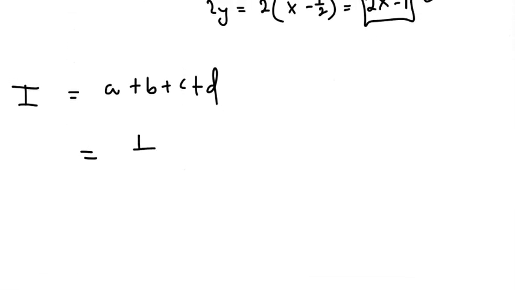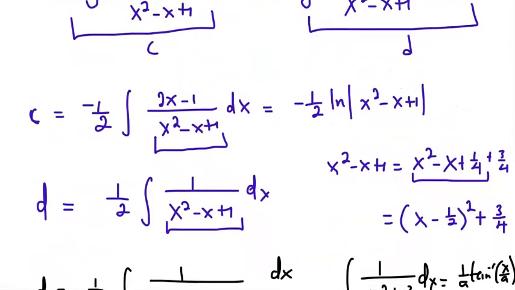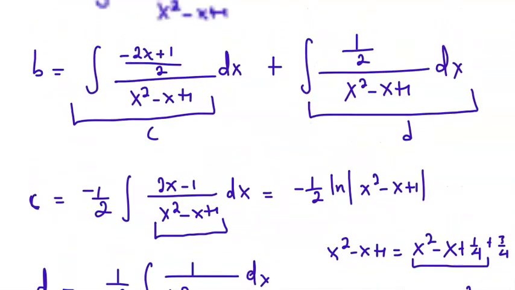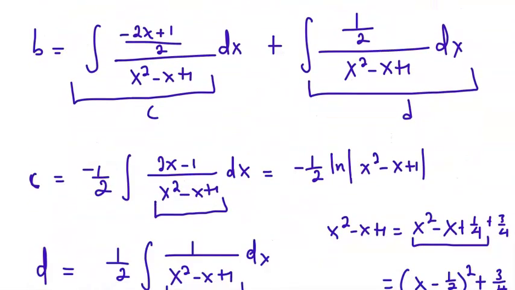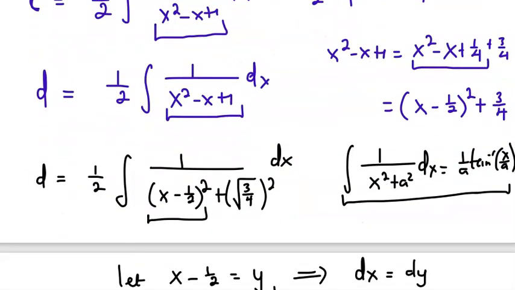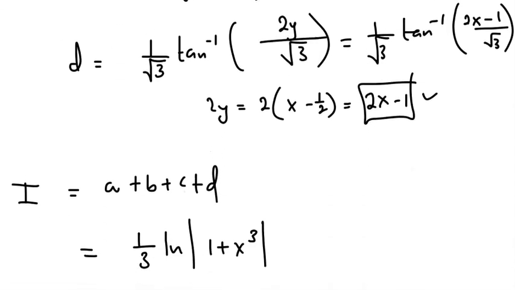So what is b? Can someone help me out? So our b is the sum of c and d, right? Yes. So our c is negative 1 over 2 natural log of x squared minus x plus 1, right?